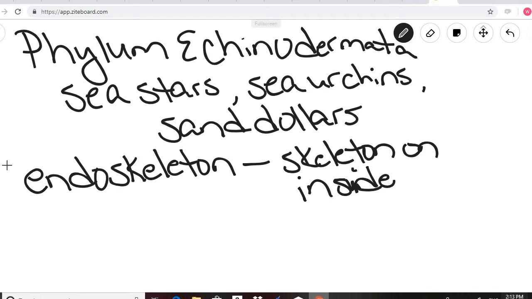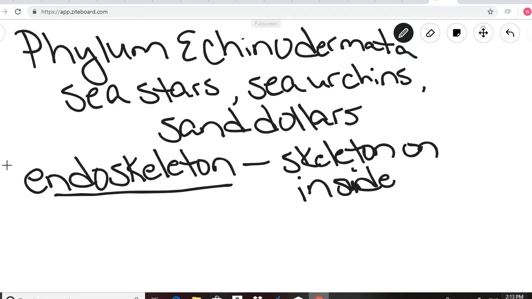Well, that is because by the time you find them, the muscle tissue that is on the outside has already deteriorated, has already decomposed. And so what you are finding really is just the inside skeleton.